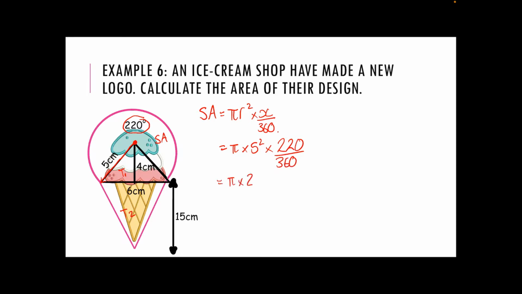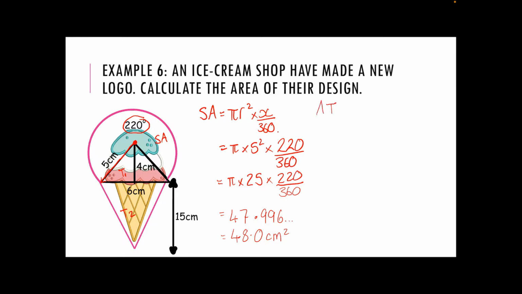That means we're doing pi times by 25 times by 220 divide by 360. That then is going to give us 47.996, and I'm just going to round this to one decimal place, but in actual fact that's going to turn into 48.0 centimetres squared for us there.